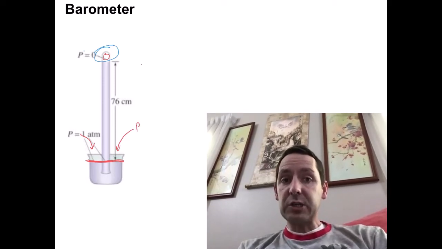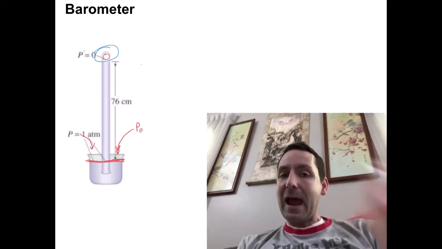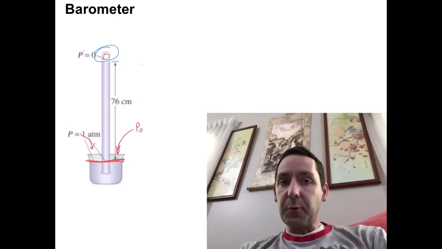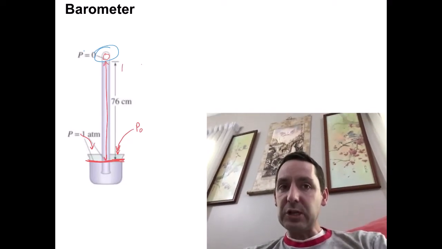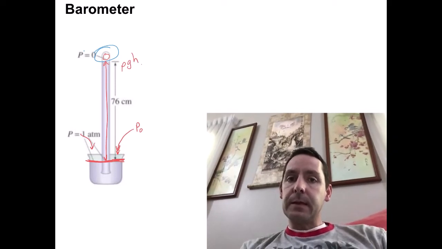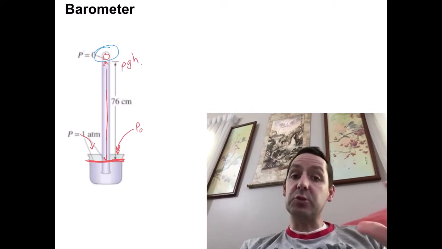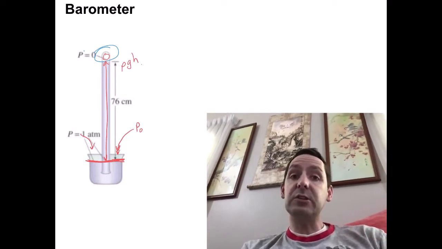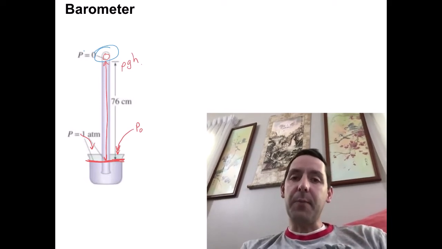So whatever the pressure outside is, pushing on the fluid right there, has to be equal to the pressure due to the depth of the fluid right there, which again is our rho g h. Hopefully that makes sense, that you then have those two pressures which have to be equal. Again, all we have to do is measure then the height of the fluid inside our barometer.